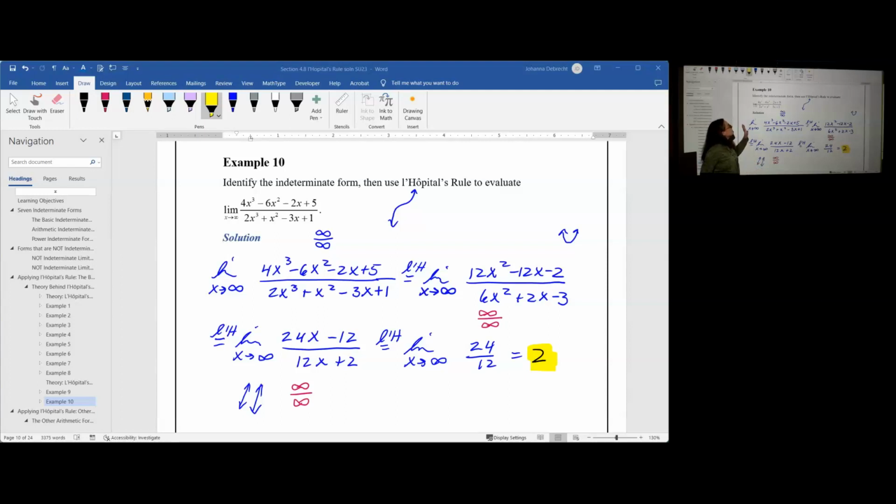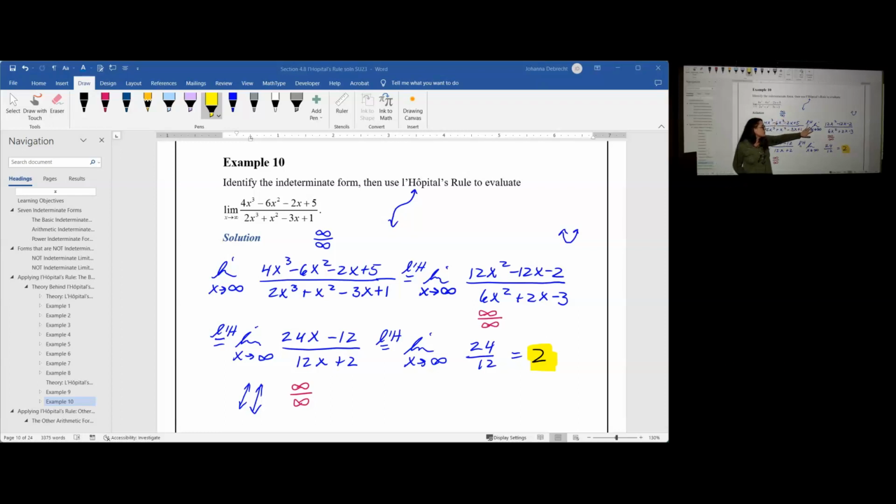Let's examine example 10. Notice that because they're both cubic and both have positive leading coefficients, they're both going up to the right. Now, perhaps there's a wiggle in the middle, we don't know. But as x goes to infinity, both the numerator and denominator go to infinity.